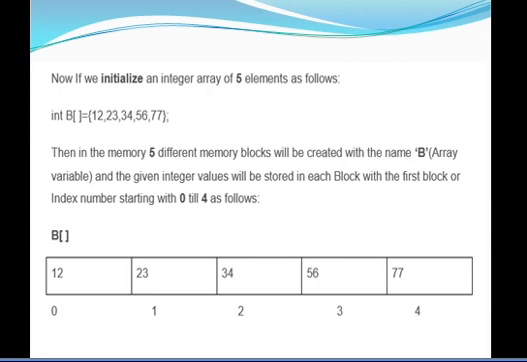So if you see the diagram, I have made the blocks that are continuous. The first block is numbered as 0, then 1, then 2 till 4. That's why I said the index number goes from 0 to the total size minus 1. In total there are 5 elements, but the allocation starts from the index number 0. So in this diagram, I have told you how at specific index number the values are stored.